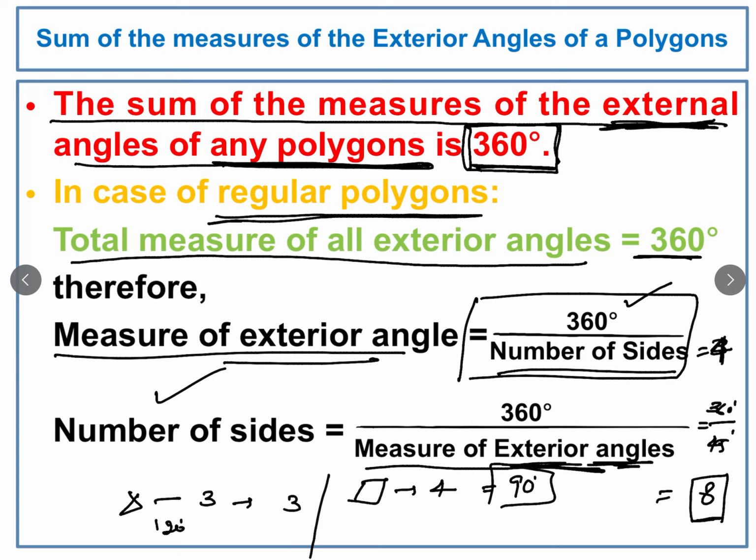So we have 3 things here. First, the sum of the measures of the exterior angles of any polygon is 360 degrees. Secondly, we can calculate the measure of the exterior angle by dividing 360 degrees by the number of sides of that polygon. And thirdly, the number of sides can be calculated by dividing 360 by the measure of the exterior angle.